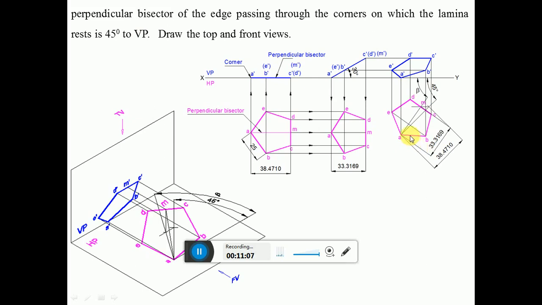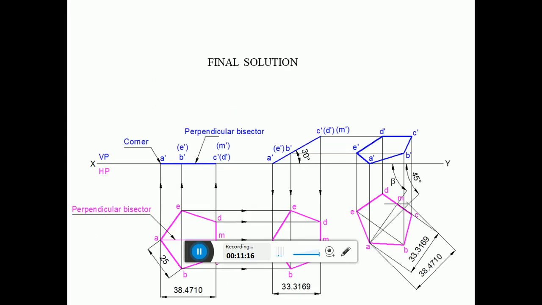So how do I know whether my problem is right or wrong? This is how we will be able to complete this particular solution. You can see a pentagonal lamina of 25 mm is resting on one of its corners on HP.